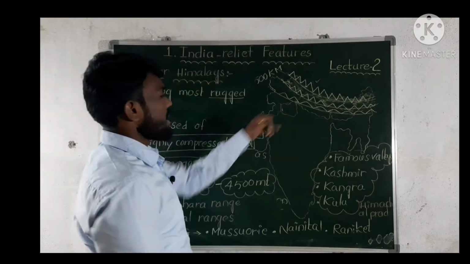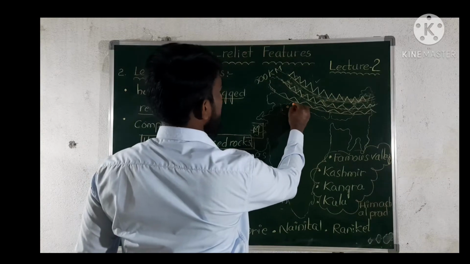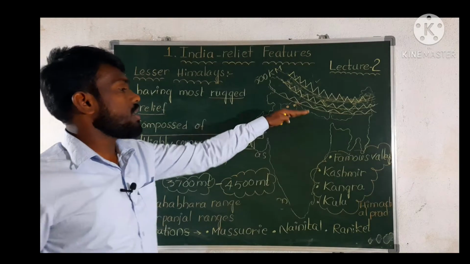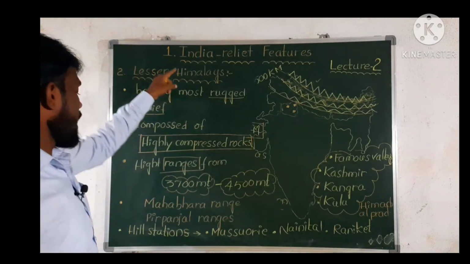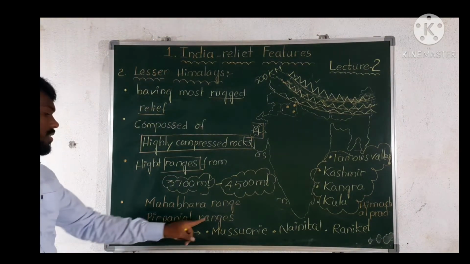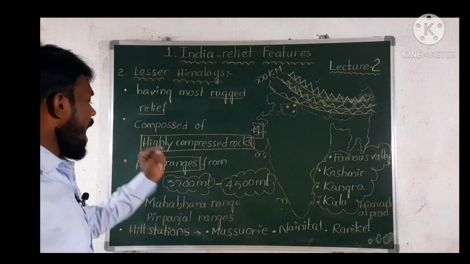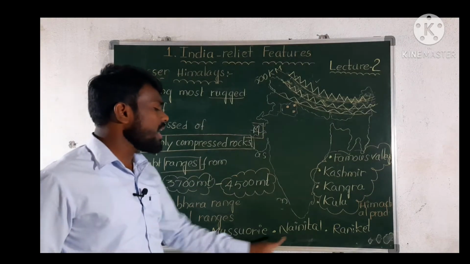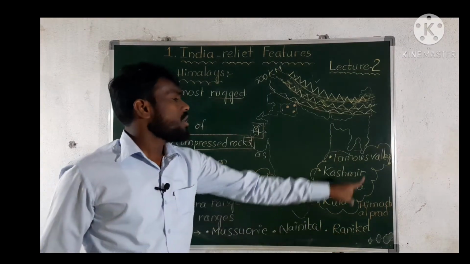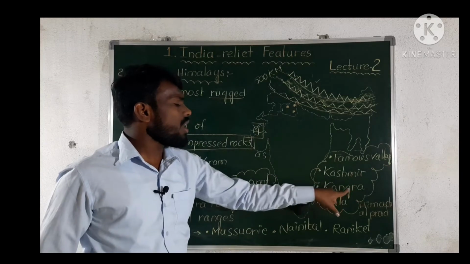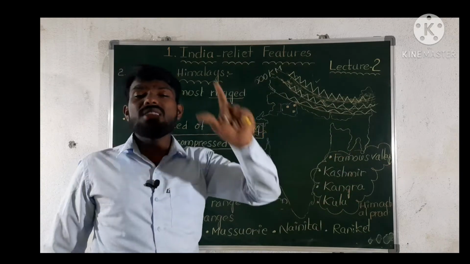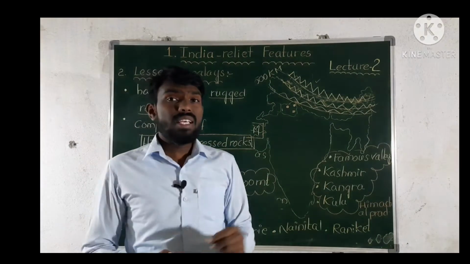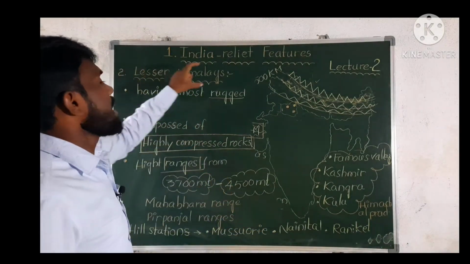So in Himachal Pradesh we can find Kashmir, Kangra and Kulu. The lesser Himalayas consist of important ranges, the Mahabharata range and Pir Panjal range, hill stations Mussoorie, Nainital, Ranikhet, and famous valleys Kashmir, Kangra, Kulu in Himachal Pradesh.